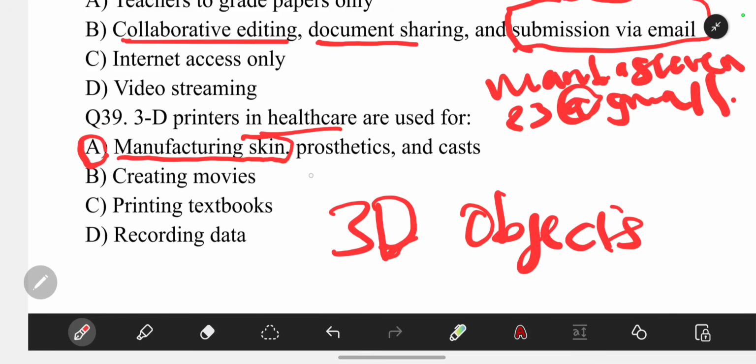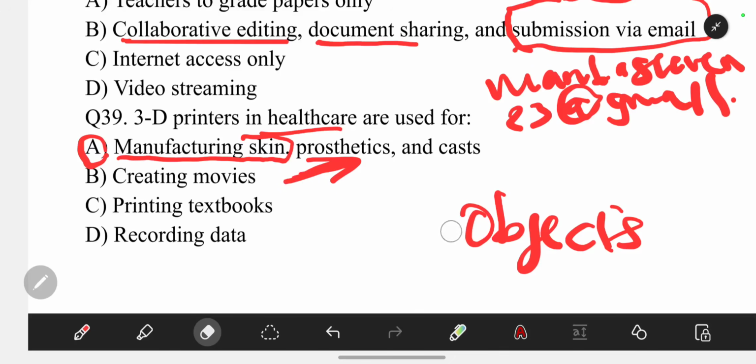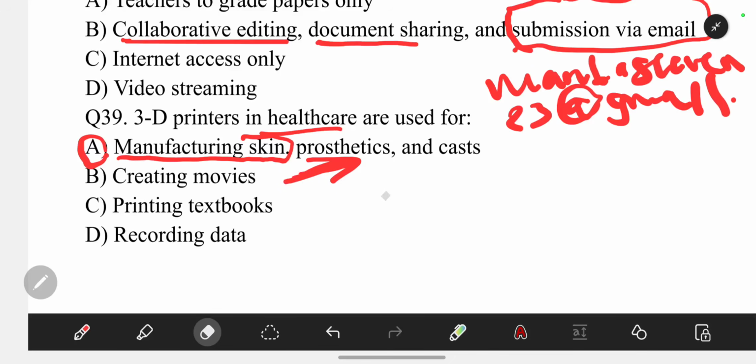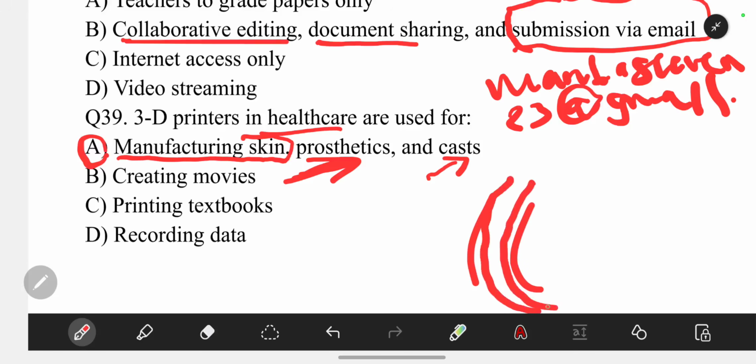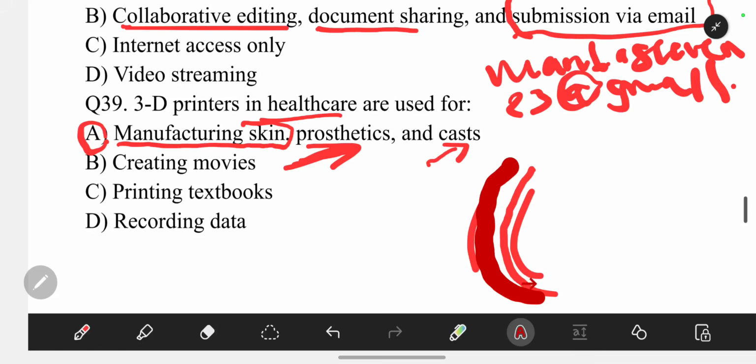Prosthetics are supportive gear, such as if someone's leg is damaged and they have to replace it, they use a prosthetic leg or hand to be able to move around. We could have other supportive things such as casts. Casts are used to support the hand in case you experienced anything such as an accident and all that. Those are what we call casts.